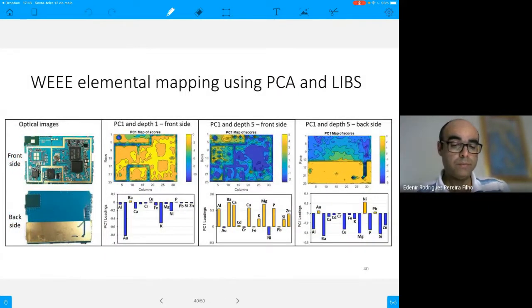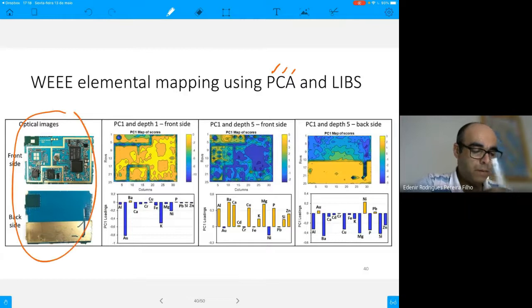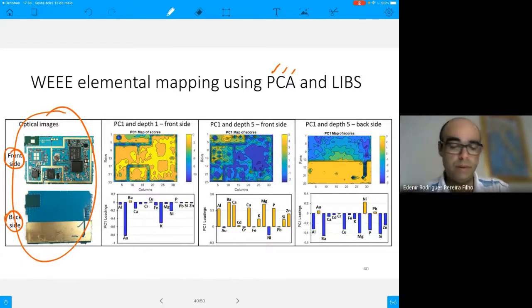Another combination of LIBS and principal component analysis. We have here the optical image of two printed circuit boards, the front side and the back side, and using LIBS, we can perform a heat map in order to see the composition of the samples.